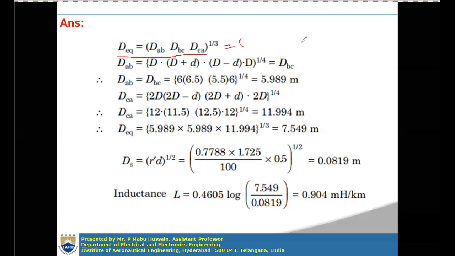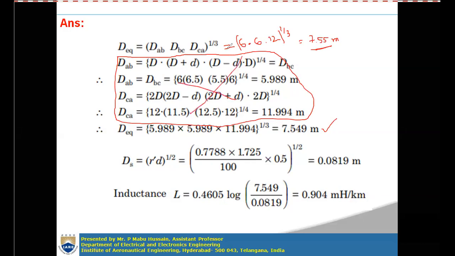If you follow the process he has done here, finally he is also getting the same value, 7.549, which is the same as 7.55, in meters. So instead of doing this much calculation, you can simply use this one. It is better. This is the D equivalent, which is the same as DM.